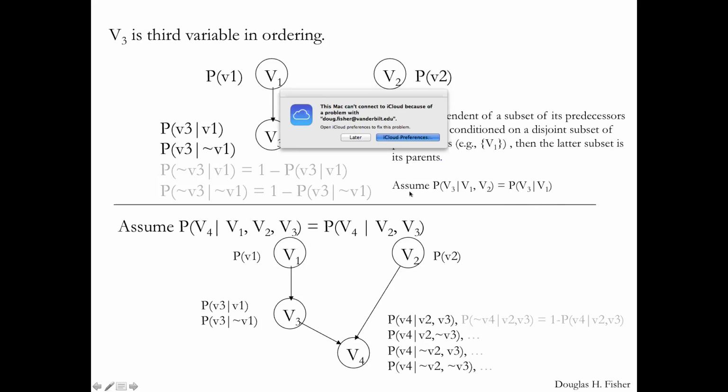So the claim is that for all possible value assignments of V3, V2, V1, this probability will equal this corresponding probability without reference to V2. And so this is a conditional independence. V3 is conditionally independent of V2 given V1, and so V3 is made a child of V1 and not V2.